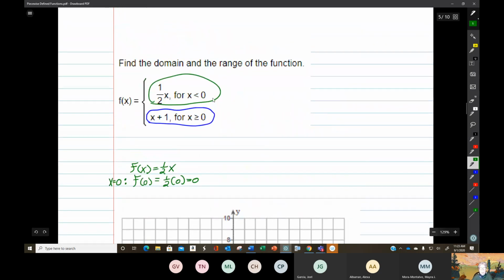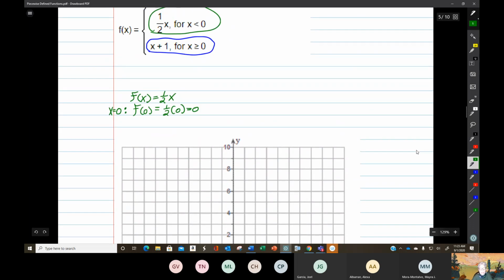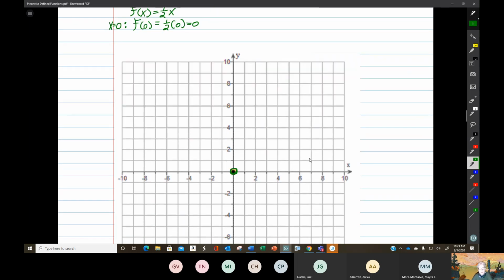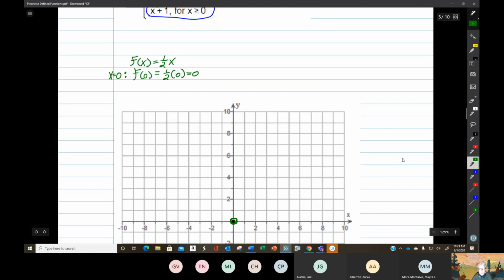Now, for any number to the left of 0, I can choose any number I want. Why not choose a multiple of 2 so I can cancel out the 1/2 fraction? I could choose 2, -2, -4, -6, -8, or -10, and cancel out that 2. So I'm going to choose -4 this time.